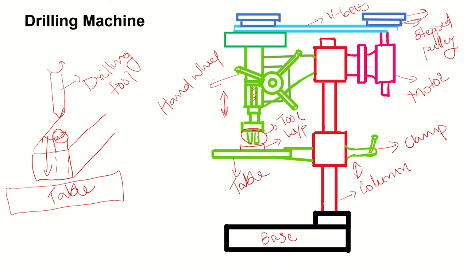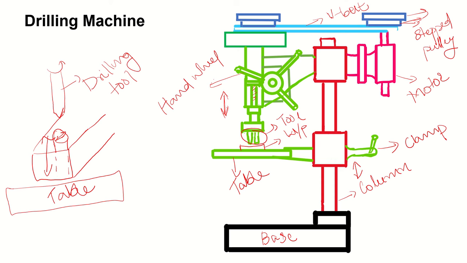To give the feed, we are using the hand wheel. When you raise the tool, or bring down the tool to a particular depth, we are giving a feed to the tool so that a hole of a particular dimension can be drilled to a specific depth. That is the purpose of the hand wheel. And these are all the different parts of a drilling machine.